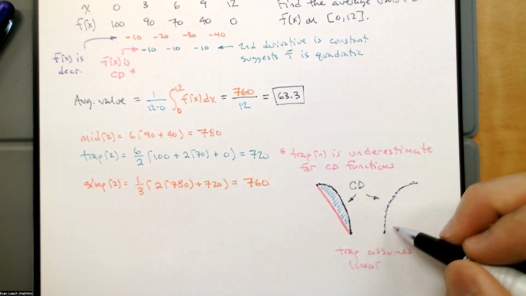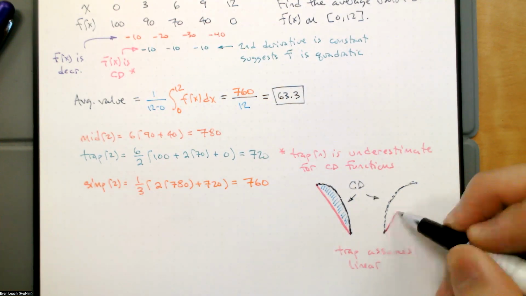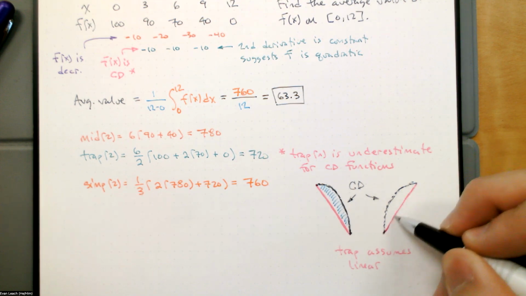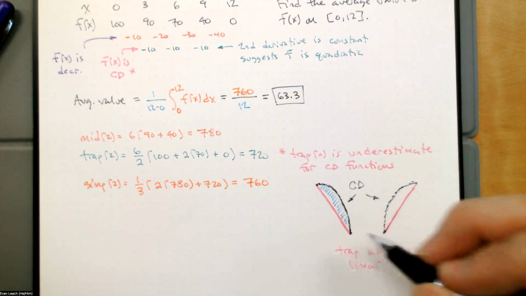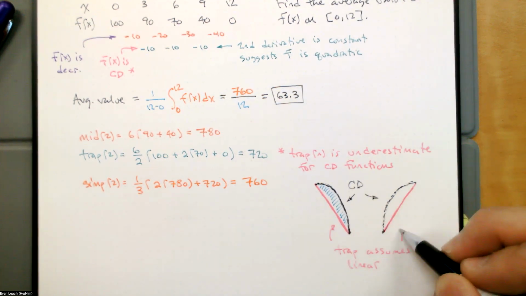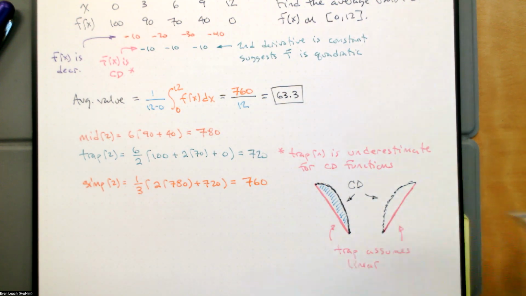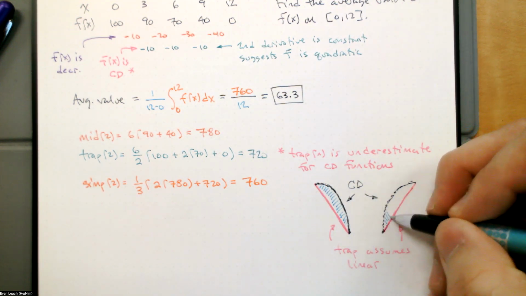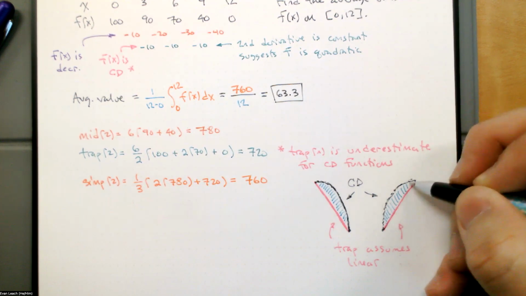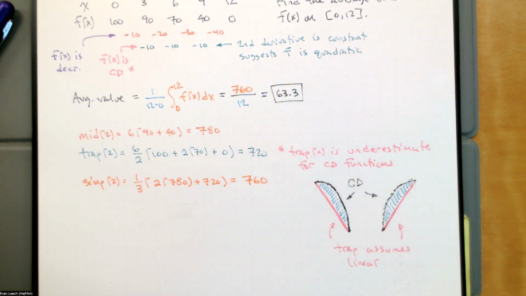If I connect the endpoints with a line like we do in the trapezoidal rule, we can see that there is area that is missing. That area is not in the trapezoid, but it is under the curve. The trapezoidal rule is an underestimate on a concave down function.